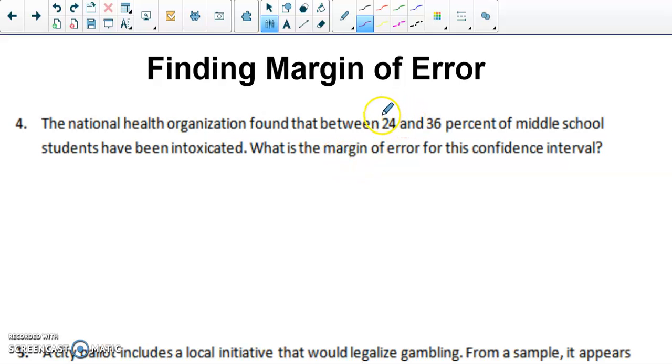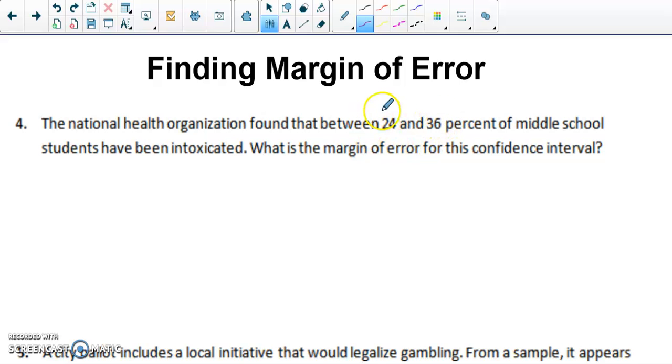If this is the confidence interval, then there was some p hat, the sample proportion, and a margin of error that was subtracted and added to give us these numbers. So we have to think backwards. The sample proportion is in the middle between these two.